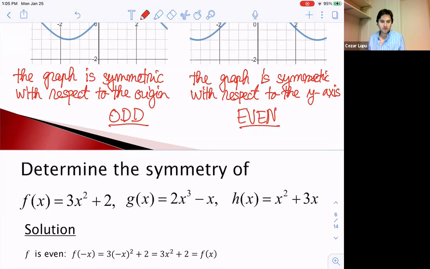So adding or subtracting a constant will not have an overall influence on our function f. So we will get that f of negative x will be f of x, right? I think this is pretty clear.